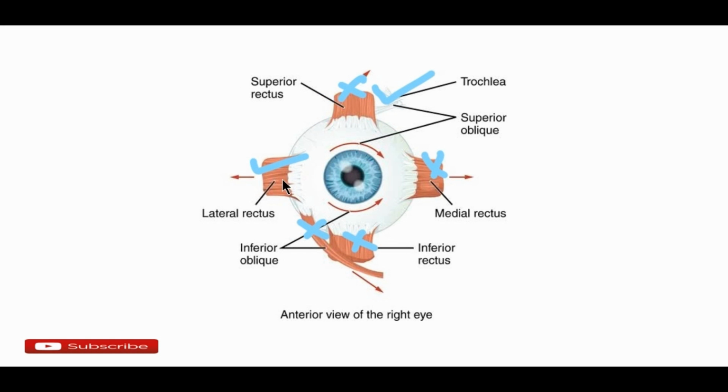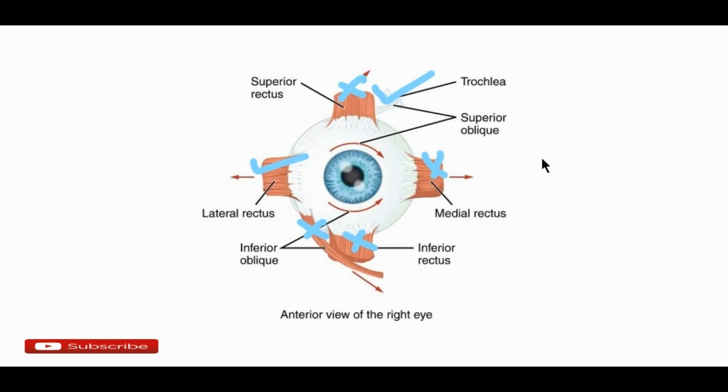We know that the lateral rectus muscle causes the eye to move laterally, or abduction, and the superior oblique muscle causes the eye to go downwards, or depression.